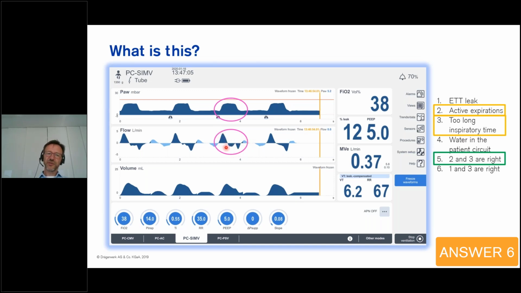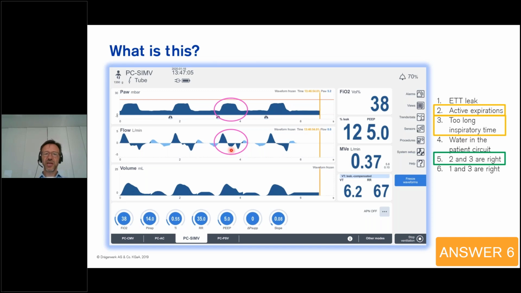The explanation for this is that obviously the first expiratory flow happens during the inspiratory time. You see, the ventilator is still on the inspiratory plateau when expiratory flow happens. And there's only one explanation for this expiratory flow.